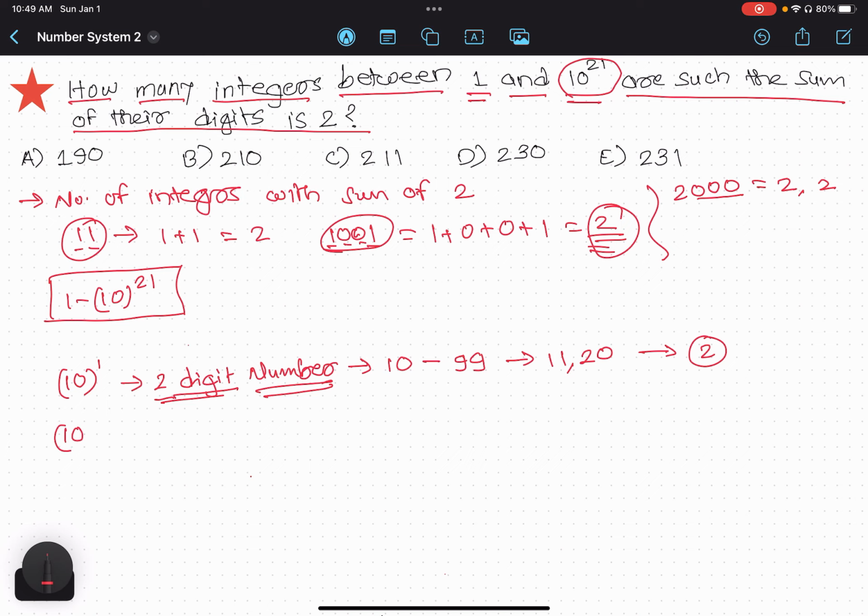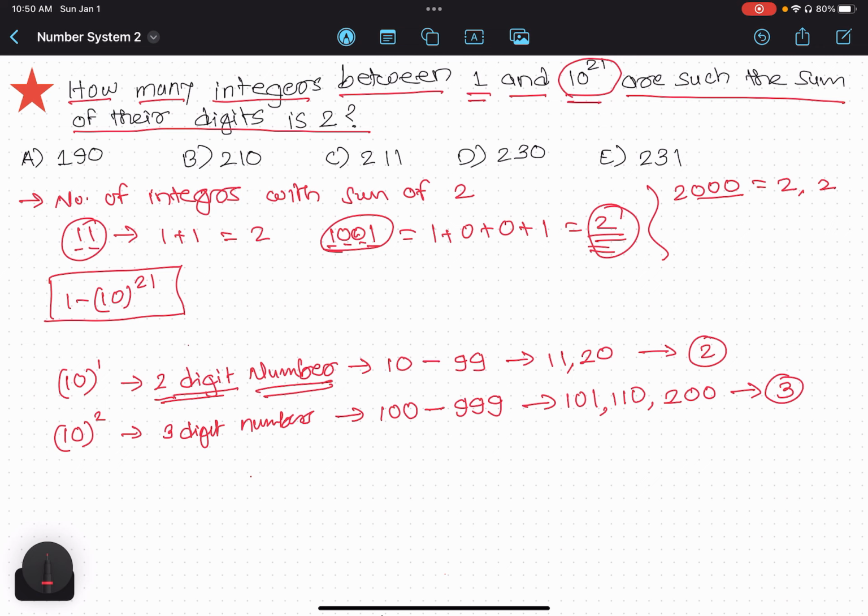When I consider 10 raised to 2, I consider 3 digit numbers, from 100 to 999. Here, 101, 110 and 200. So the occurrence is 3 times. I hope you understand.